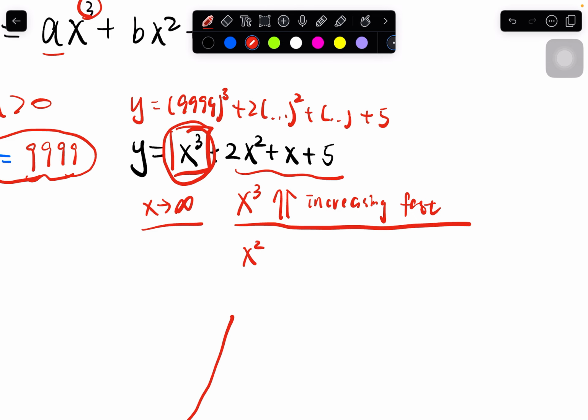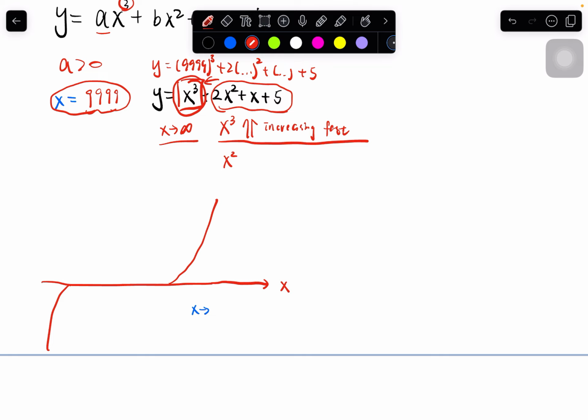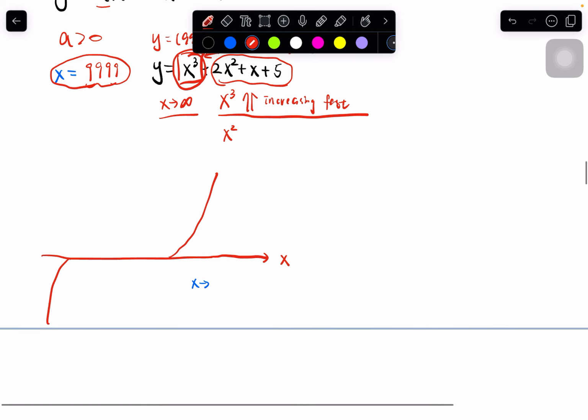So these numbers are very, very small compared to this number. That's why when x is very big, the term of x to the power 3 is going to lead the function.